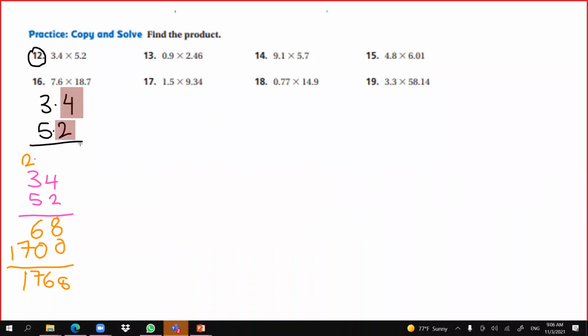So we have 2 digits. The first one covers the first digit, the second one covers the second digit. So it will be here. Yes, bravo. So the answer is 17.68.